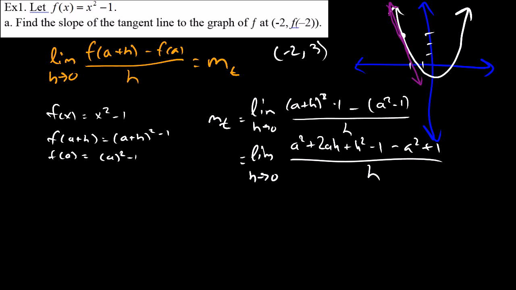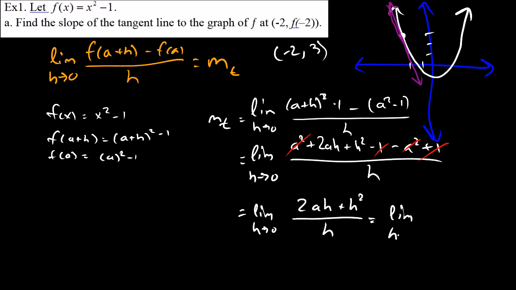If we look, things start canceling. We have an a squared, a 1, a 1. So all we're left with is the limit as h approaches 0 of 2ah plus h squared over h. Well, there's an h in every term, so we take out our h.